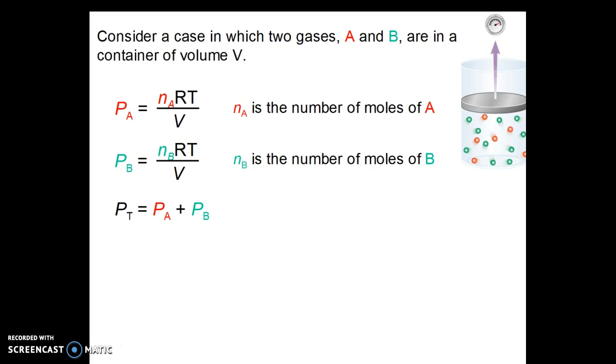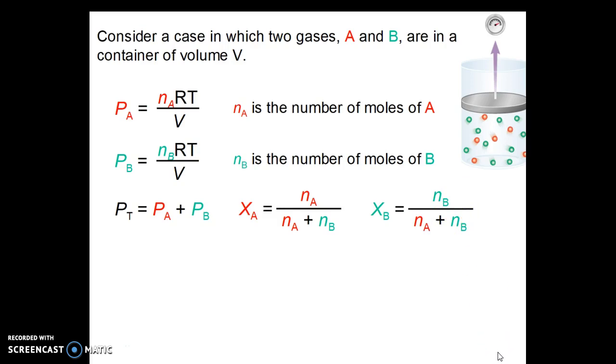Now we know that the total pressure then is going to be the pressure of A plus the pressure of B. Well, X of A is equal to the number of moles of A divided by the total number of moles, Na plus Nb. That's the mole fraction of A. The mole fraction of B is the number of moles of B divided by the total number of moles in the mixture.